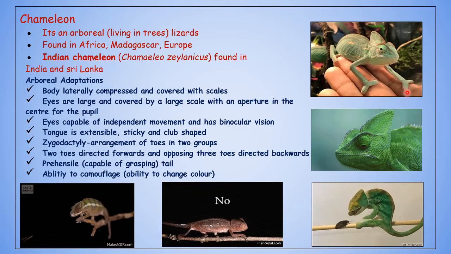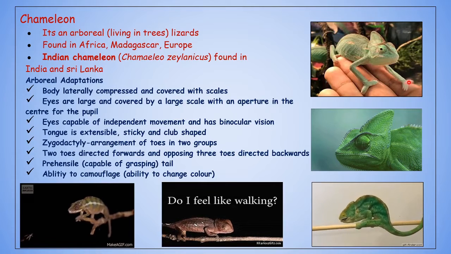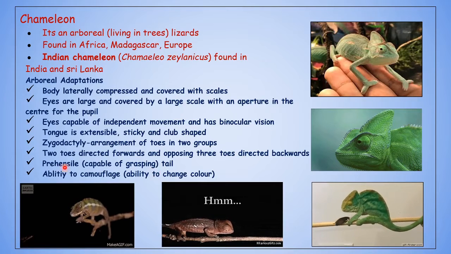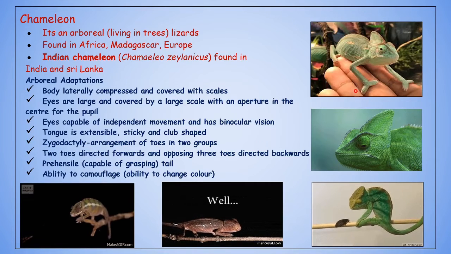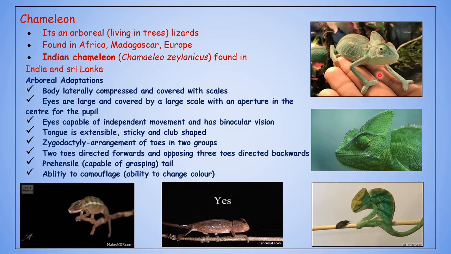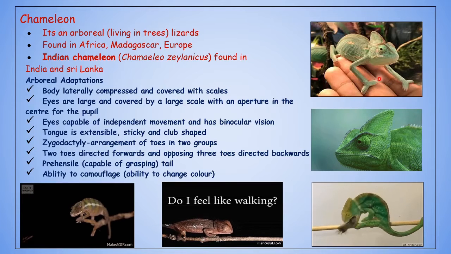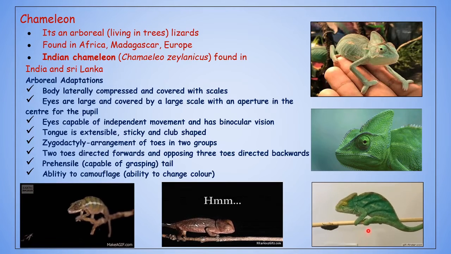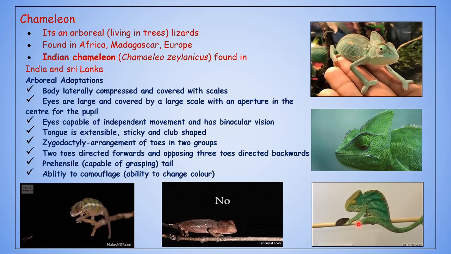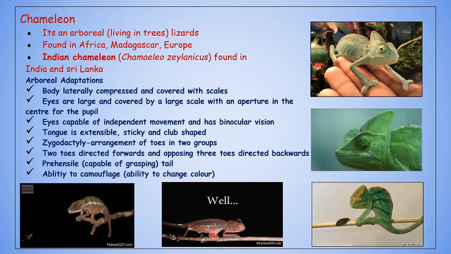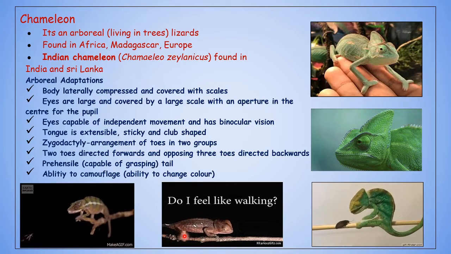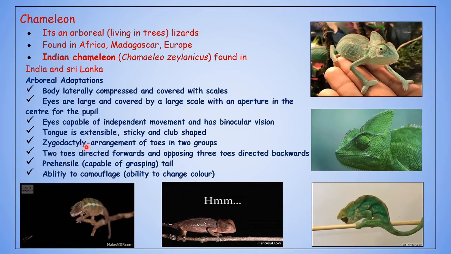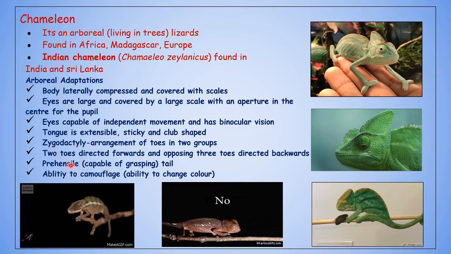You can see three toes here and two toes directed the other way. That is called zygodactyly, and this arrangement is for clinging onto branches. You can see how it is catching onto branches in these videos. That is a major arboreal adaptation seen in the chameleon.